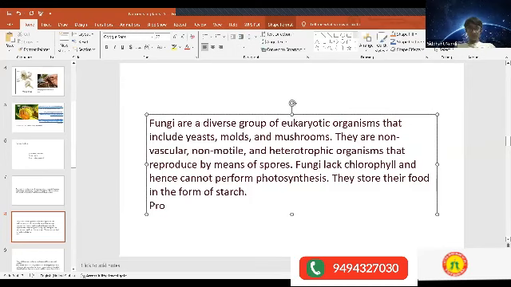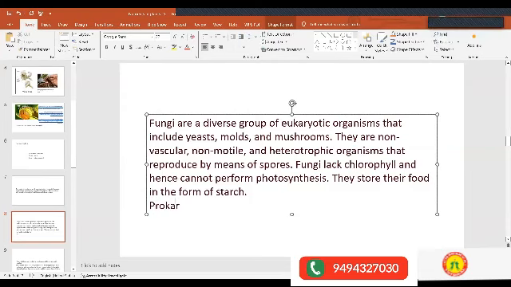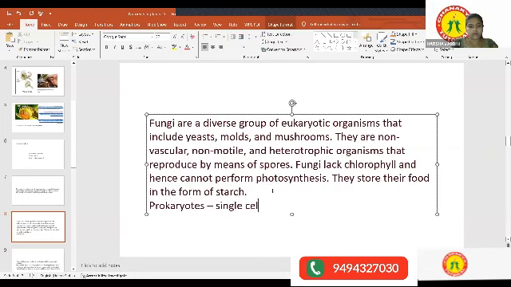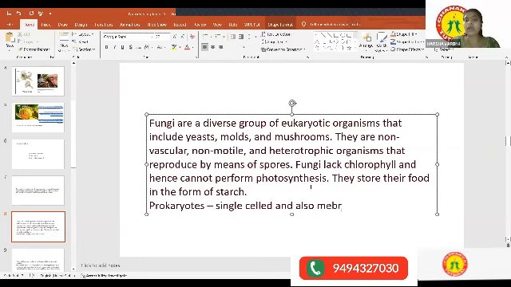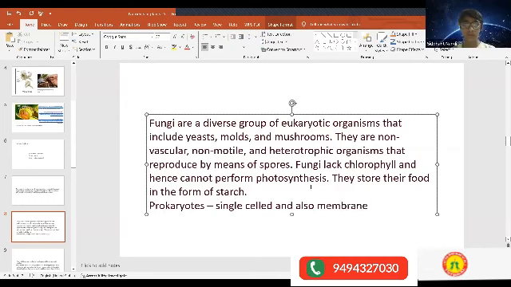Yes, it's single-celled. Ma'am, you mentioned algae as eukaryotic ones, right? Single celled and all, yeah, they are eukaryotic. They're single celled and also their membrane-bound organelles are absent. Except the nucleus, they don't have anything.